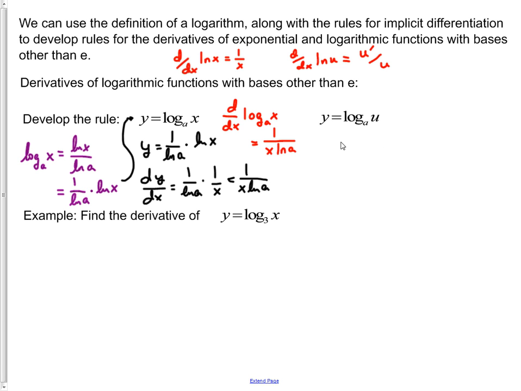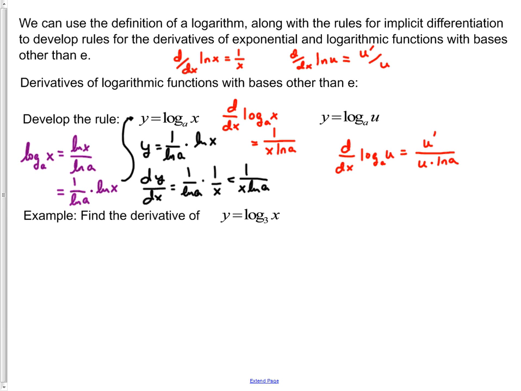As a consequence, we have a rule for y equals logarithm base a of u, where u is some differentiable function of x. The derivative with respect to x of the logarithm base a of the quantity u is going to be the derivative of u divided by u times the natural logarithm of that base a.